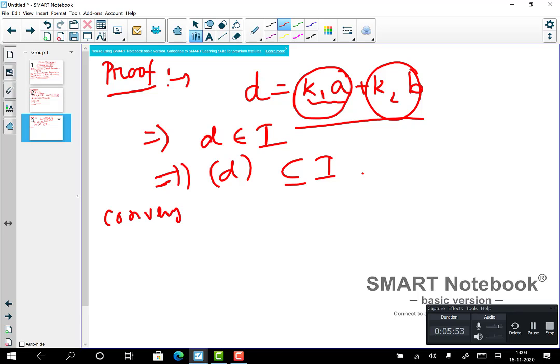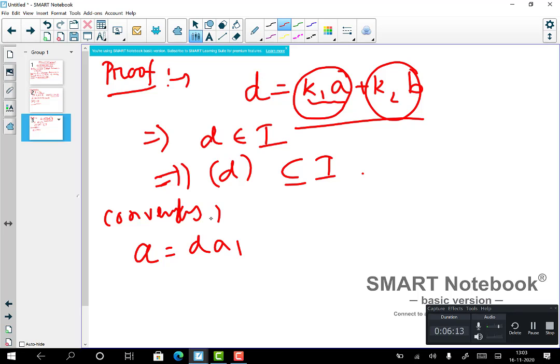Conversely, you see A can be written as D times A1, because D is a divisor of A, right?